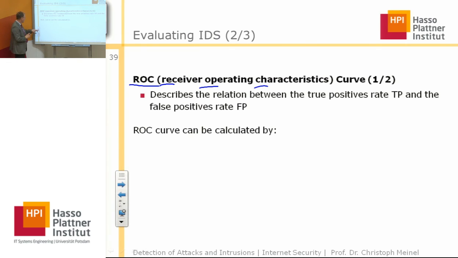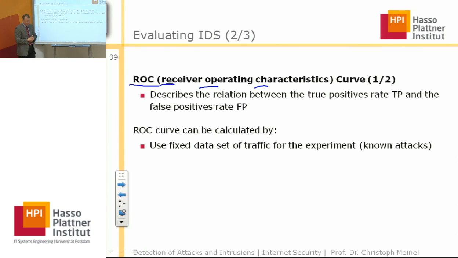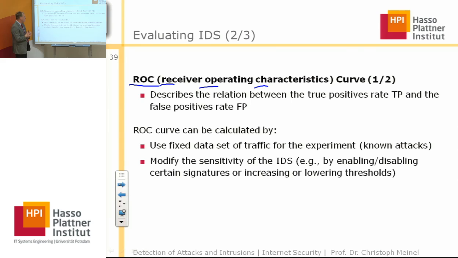The ROC curve can be calculated by using fixed data, a set of traffic for the experiment, that contains a known attack, and then modifying the sensitivity of the intrusion detection system, for example, by enabling or disabling certain signatures or increasing or lowering the thresholds.